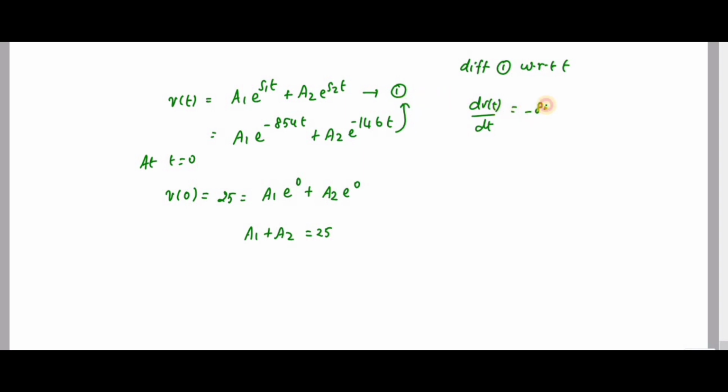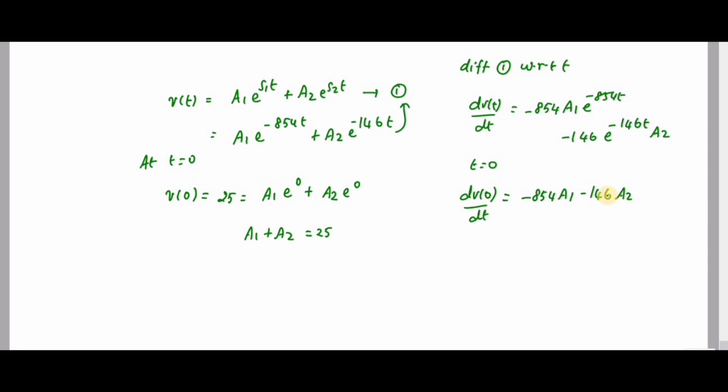So minus 854 A1 e power minus 854 t minus 146 A2 e power minus 146 t. Okay, so substitute t is equal to 0. So you will get minus 854 A1 plus minus 146 A2.